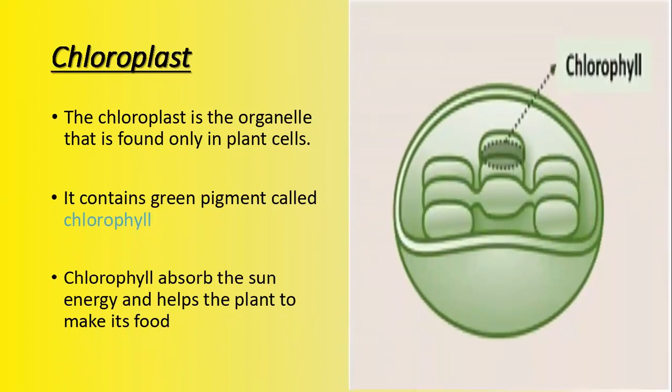You can see the structure of the chloroplast. Chlorophyll is present inside the chloroplast. This is chlorophyll. So chloroplast is present in plant cells. It contains green pigments called chlorophyll. Chlorophyll absorbs the sun's energy and helps the plants to make their food.